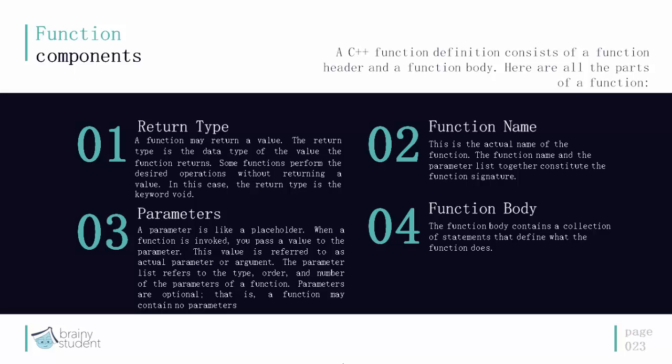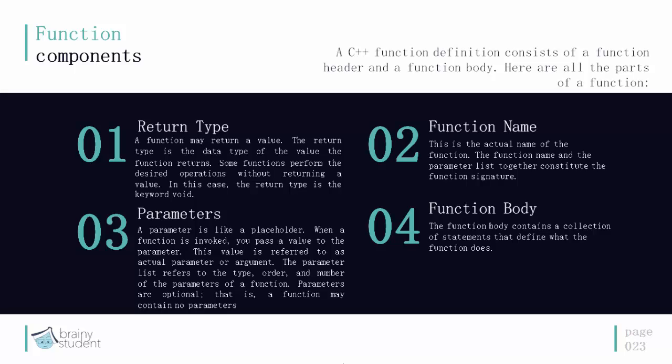Then parameter. A parameter is like a placeholder. When a function is invoked, you pass a value to the parameter. This value is referred to as the actual parameter or argument. The parameter list refers to the type, order, and number of parameters of a function.